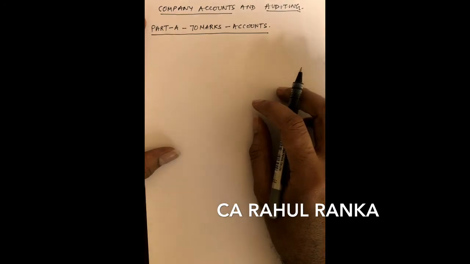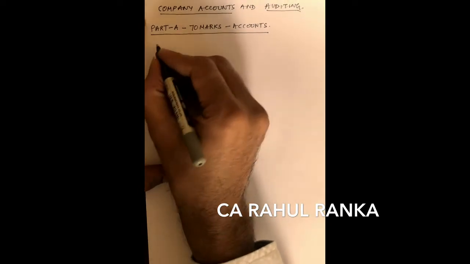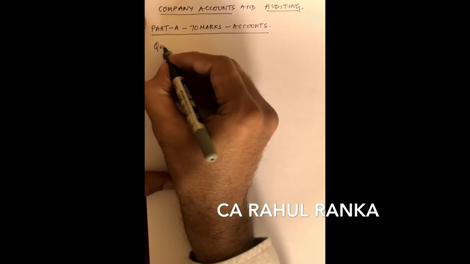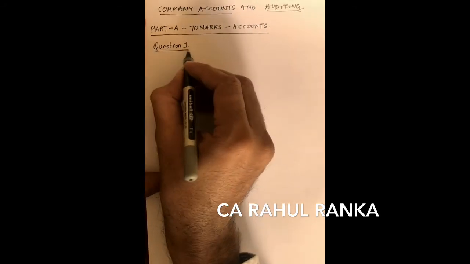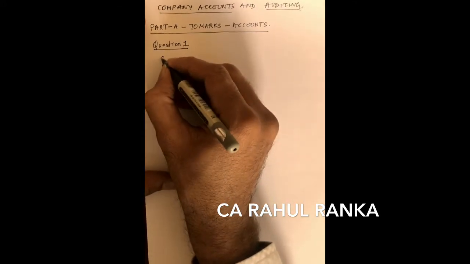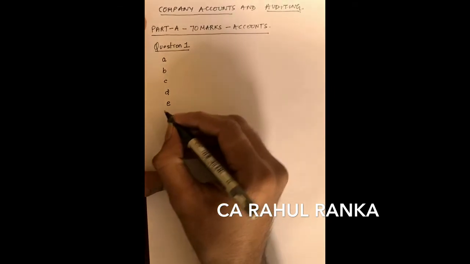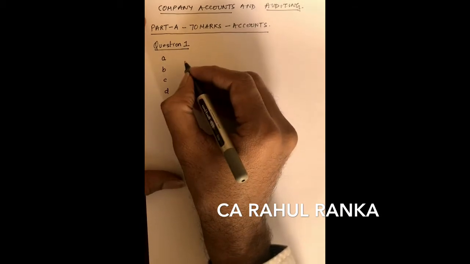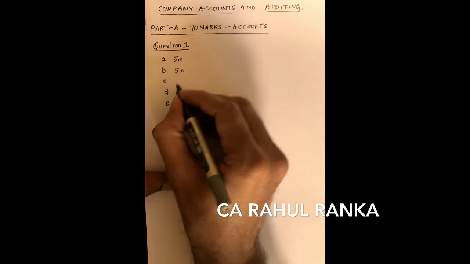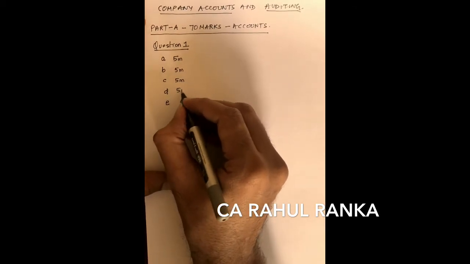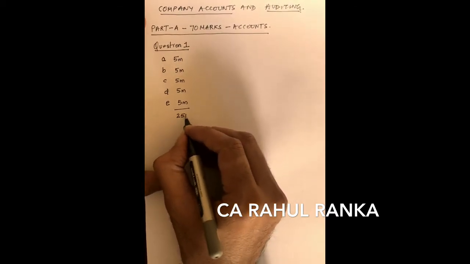So that's going to be your part A, 70 marks of accounts. In this we have question number 1, which will have A, B, C, D and E. Each question is of 5 marks, and the total is 25 marks.